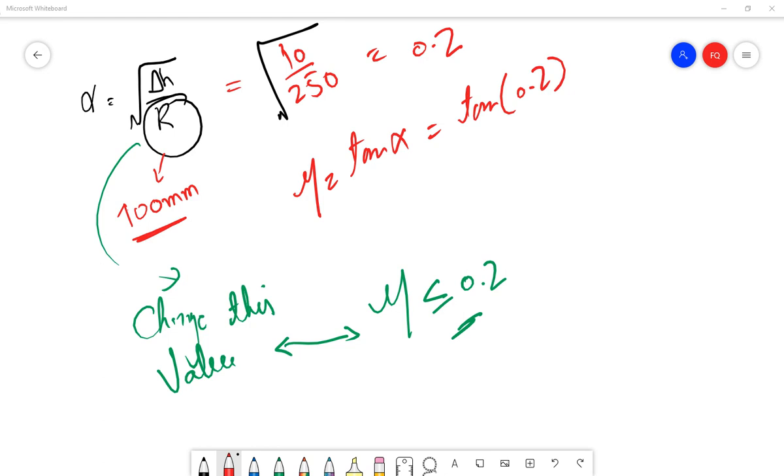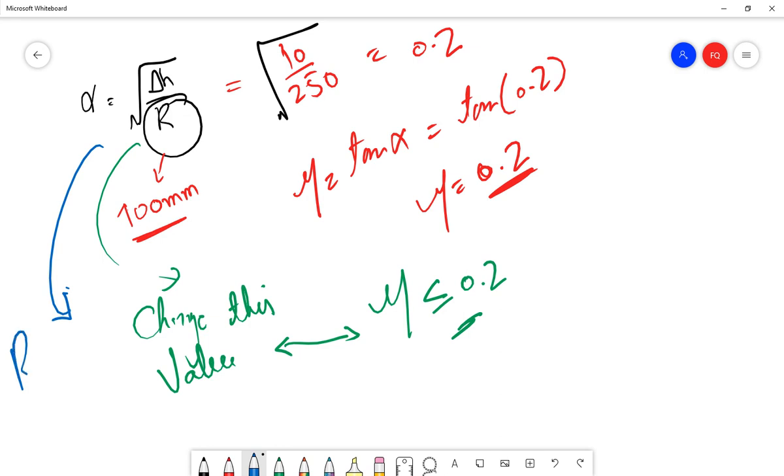That's great. So for the conditions which we have provided, r should be greater than 250 or so, and that is how we are calculating r.